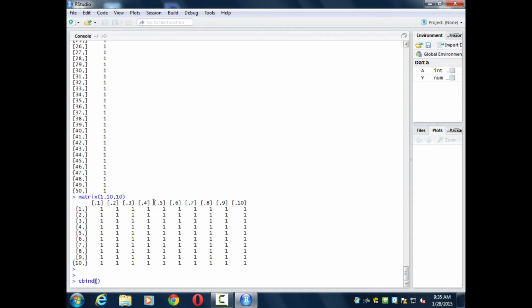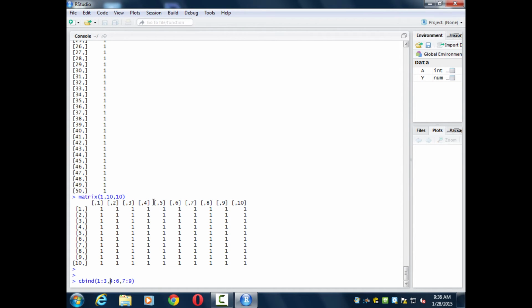So let's say that we want to put together the vector with numbers 1, 2, and 3 together with the vector 4, 5, and 6, and together with the vector 7, 8, and 9.